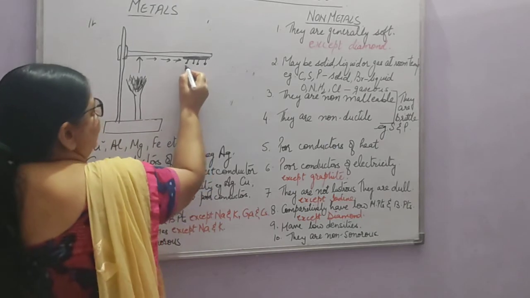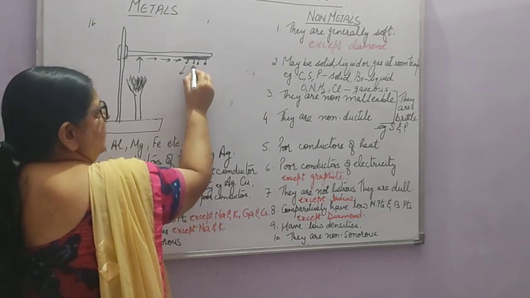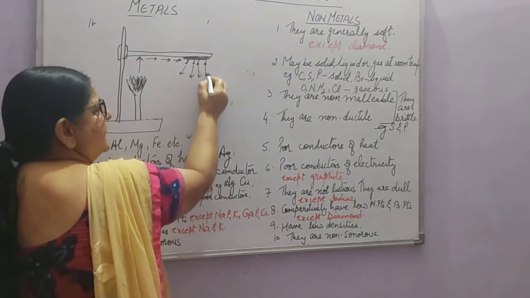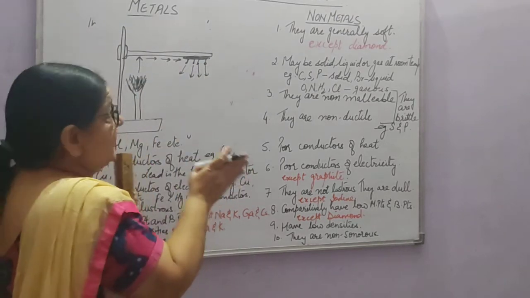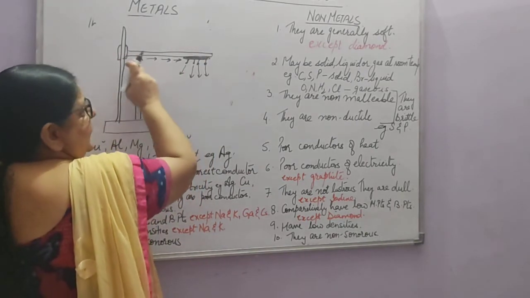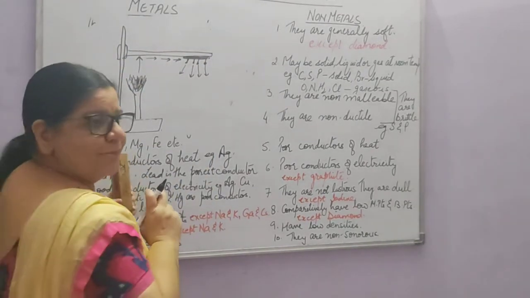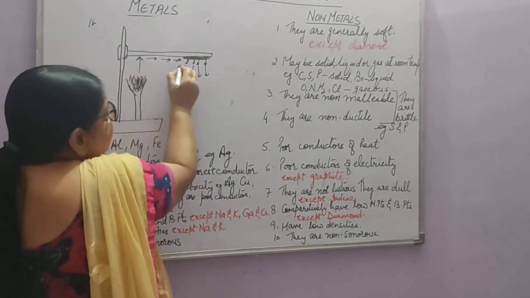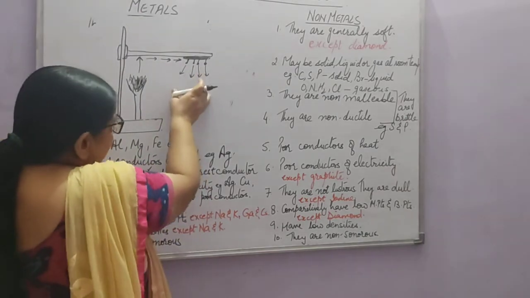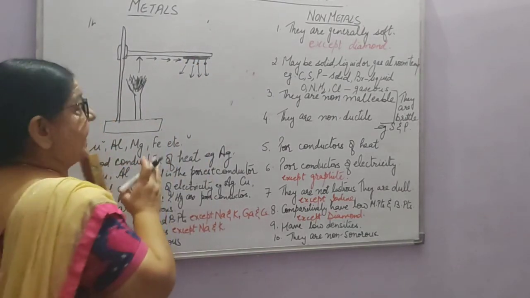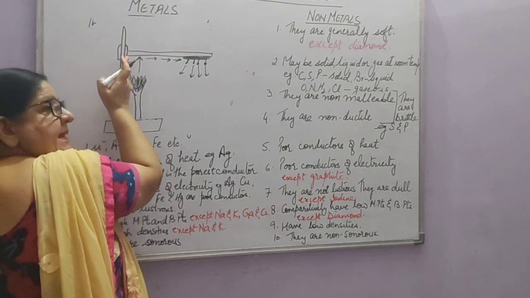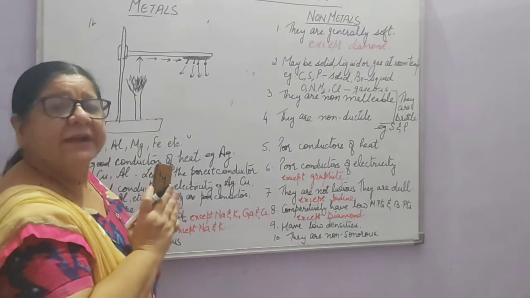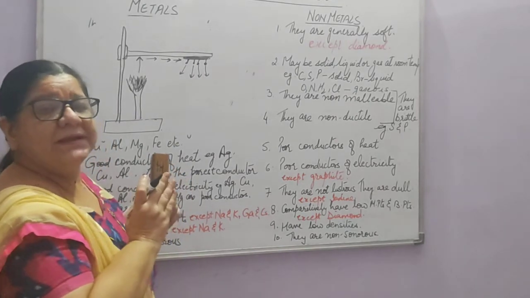And slowly what will happen? First, this nail will drop down, then the heat will pass on, then this nail, then this, then this. That shows that this metal rod that we have put is a good conductor of heat. It is passing the heat here, and that is why the wax starts melting. Although we are supplying heat at one end, it reaches till the other end. That shows metals are good conductors of heat.